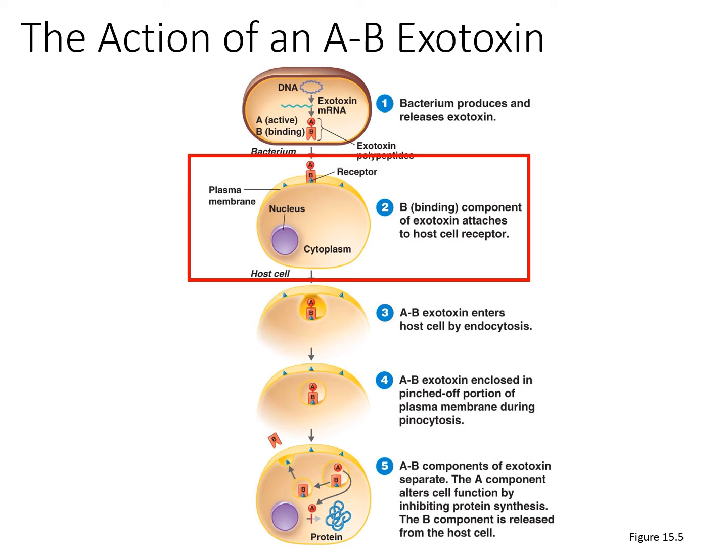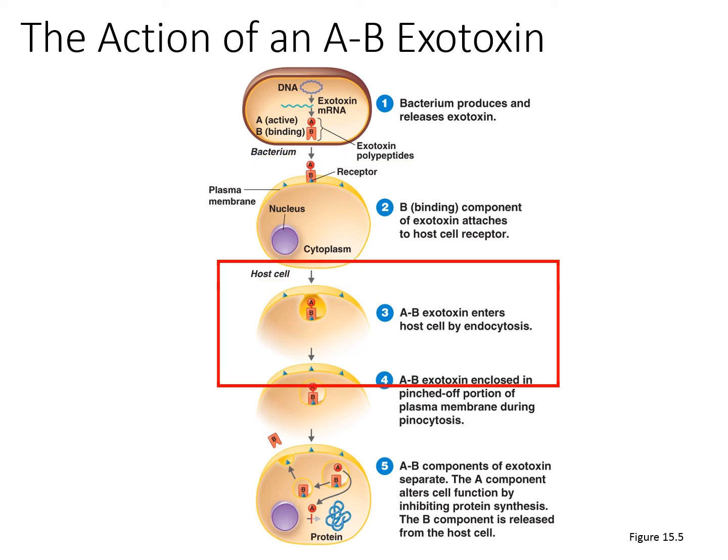This is how the toxin is able to be targeted to the cells that it can affect. So part B of the AB toxin binds the host receptor. This triggers endocytosis of the toxin. So it comes into the cell in this little vesicle.